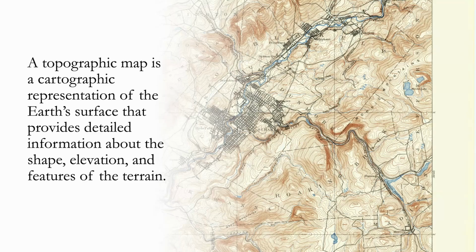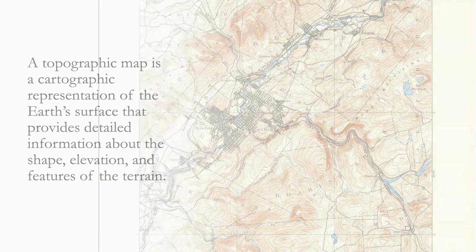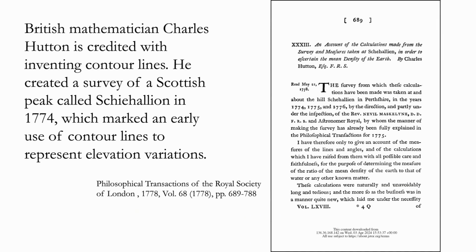They're incredibly informative and give you tons of information. The idea of doing contour lines was an invention. Charles Hutton wanted to show how he did a survey of the Schiehallion Peak in 1774. So they go a long way back.